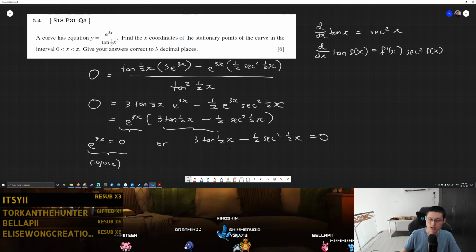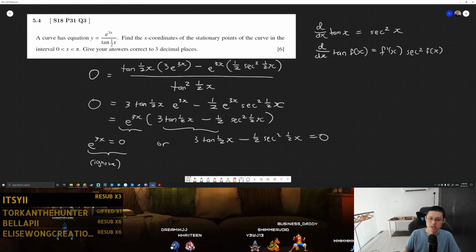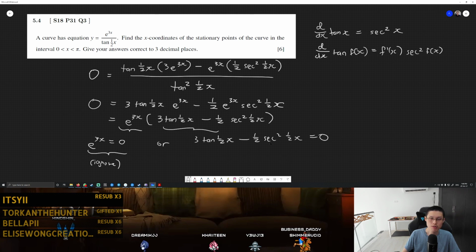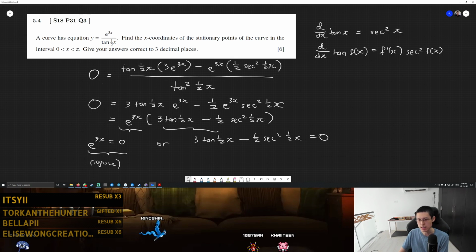If you look at this, you can see we have tangent and secant squared, but they are not the same function. You can't really do anything with this unless you convert one of them so both are the same trig function. There's an identity we can use here, because this is power 1 and this is power 2, which suggests this might be a quadratic equation in disguise.